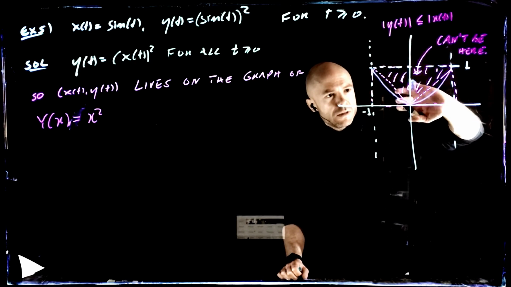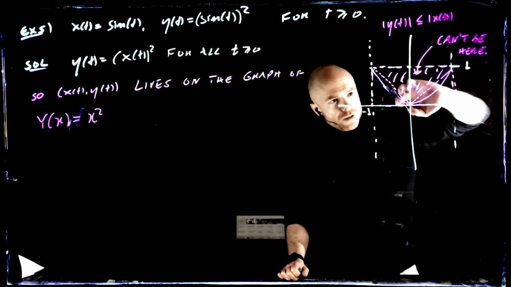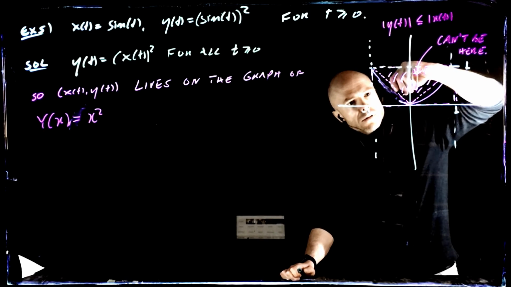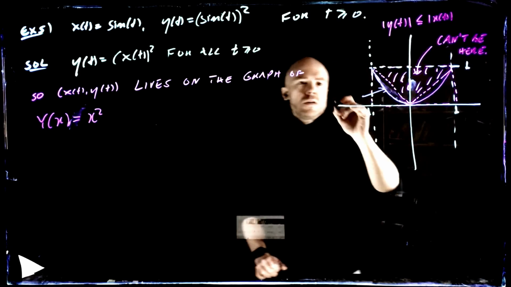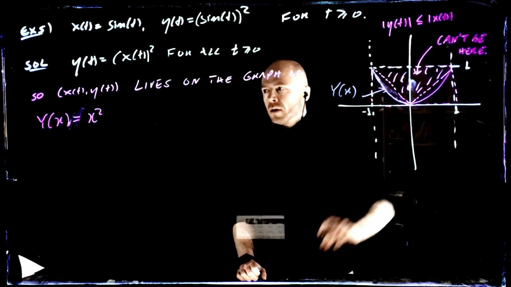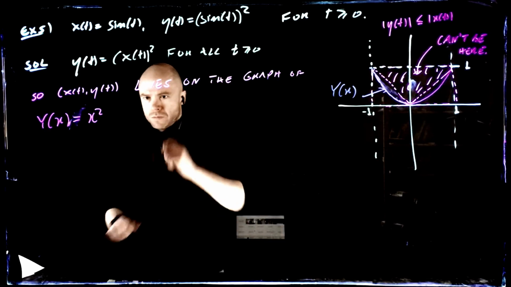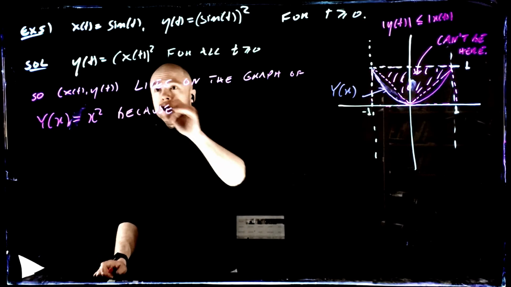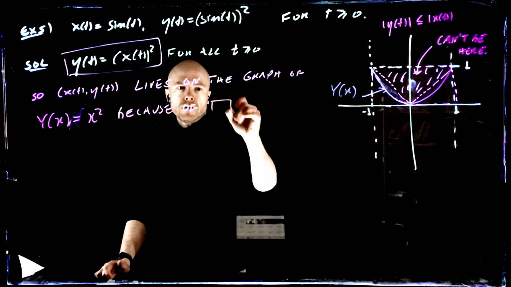Didn't do a very good job. This is the danger when I do a bad diagram with too many colors, it all gets smudged. So like this, right? This is the graph of capital Y of x. And this thing has to live on this graph because we exactly have this relation, the thing in the red box.